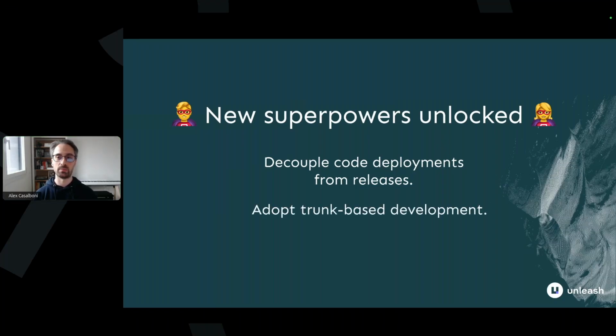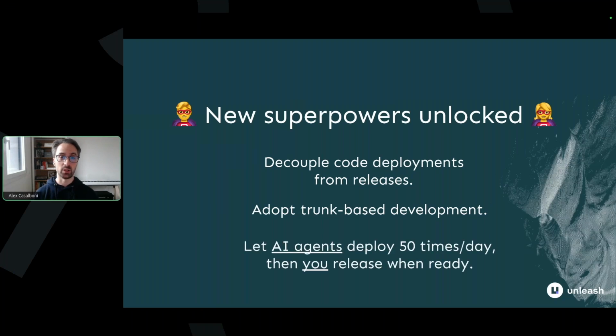Second, it lets you adopt techniques like trunk-based development to make sure, for example, that you don't get stuck in merging hell while working on your feature branches for 2 or 3 sprints, which even with the best intention is a real problem that medium to large teams tend to face in the long run. And most importantly, if you're building with AI agents, it lets you build at AI speed. What does it mean? It means deploying tens of times per day. It means keeping control of what is actually released and only releasing when the business is ready, without sacrificing speed.